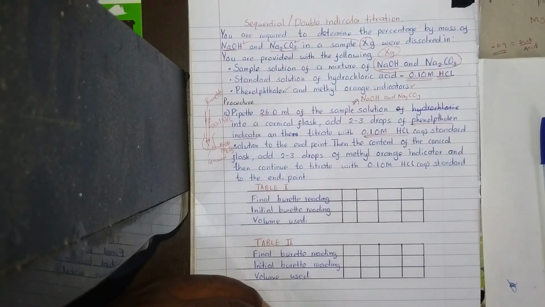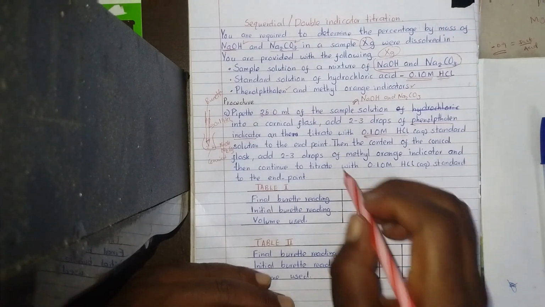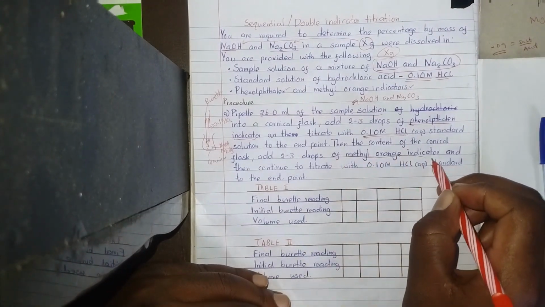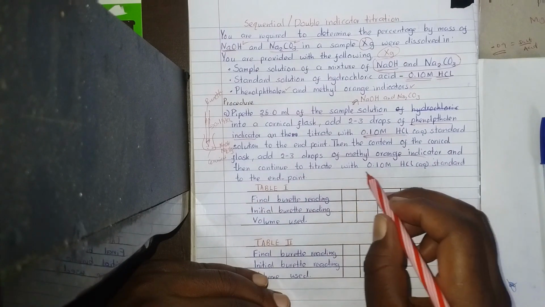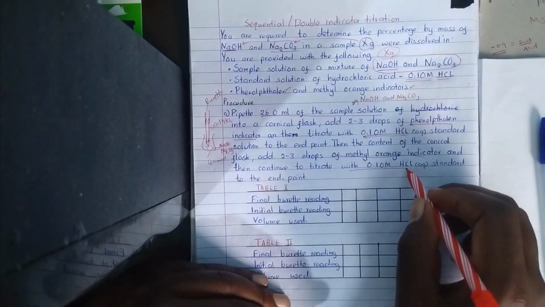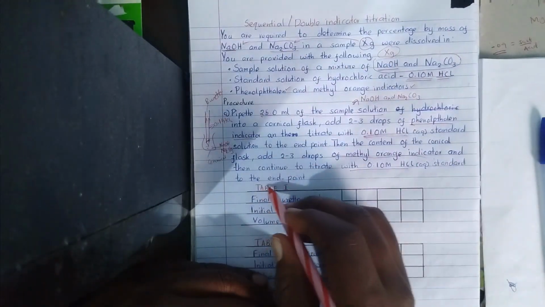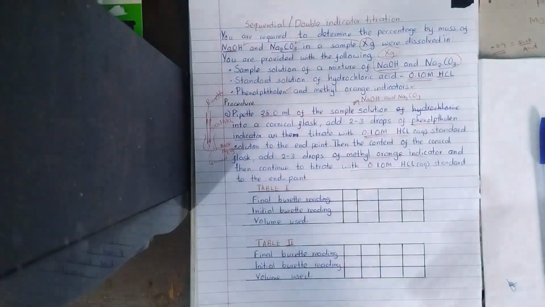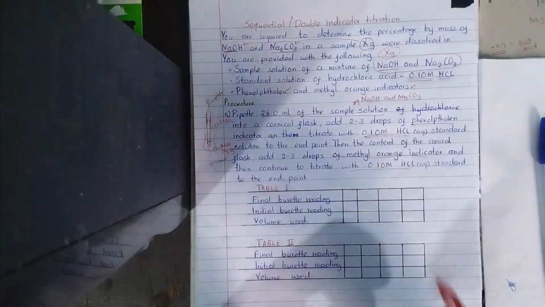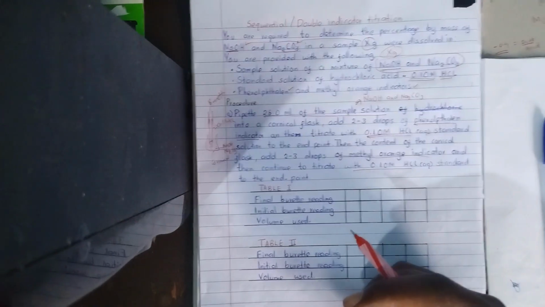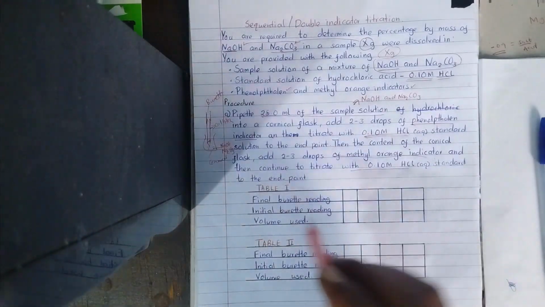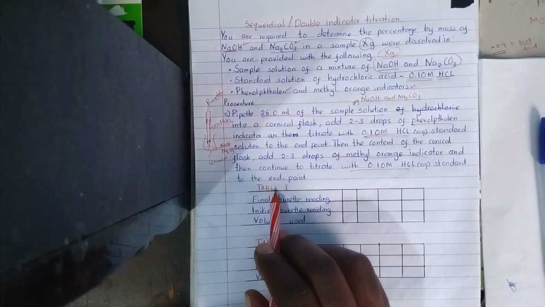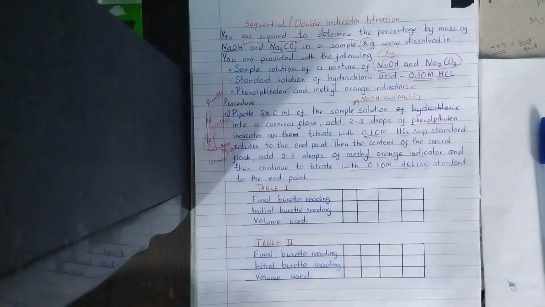Then to the content of the conical flask, add 2 to 3 drops of methyl orange indicator, and then continue with the titration with 0.1 HCl standard to the endpoint. What they mean is that when you are doing that experiment, you take the sample which you have pipetted.